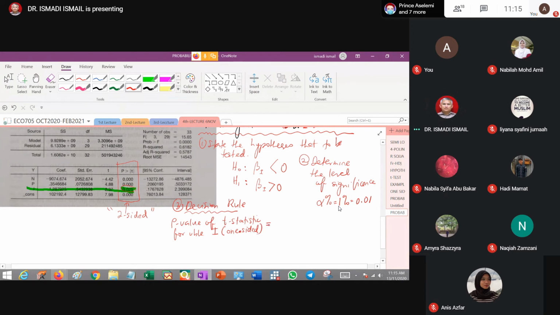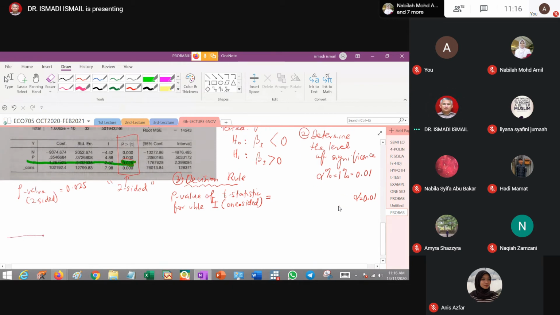Here one-sided, what is the value, and alpha is 0.01. Here, the probability value two-sided is 0.025. Okay, what is meant by 0.025 here? This is your probability distribution.